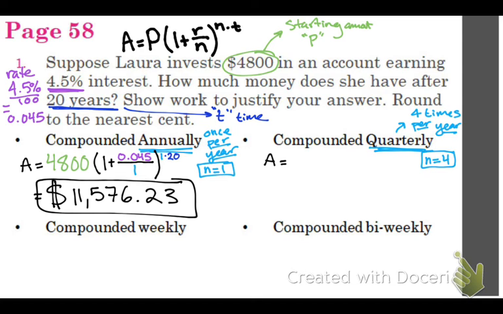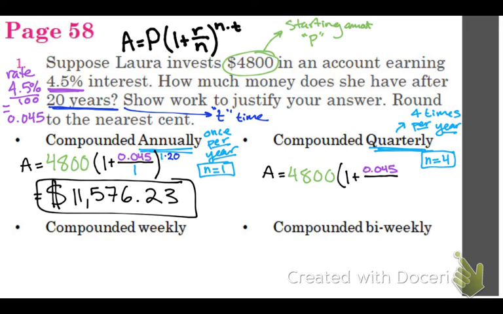How do we start our equation? A equals, what's that? Yeah, exactly. We're going to use the exact same numbers, but change our n. So we bring our principal value down, our p.